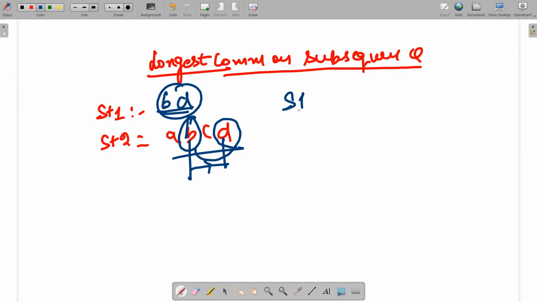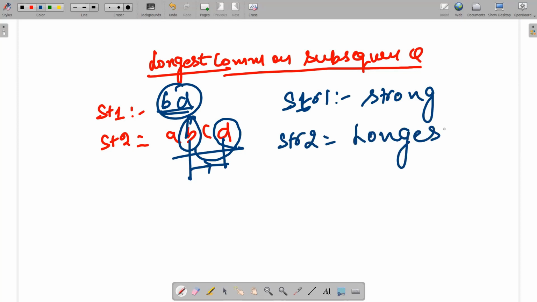Let's say I am talking about another example, string number one as strong, and string number two as longest. What kind of string is similar in this case?